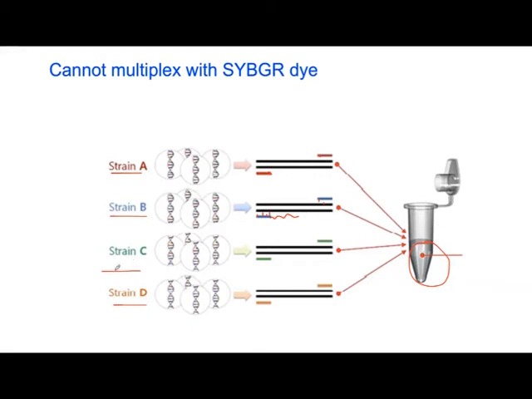But if you use a fluorescence probe, like a TaqMan, the one that I mentioned to you earlier, you can design a probe that specifically binds to each strain. You give this one a red color, for example, and this one a blue color, a different wavelength. You design another probe, and each probe will have a specific quencher.